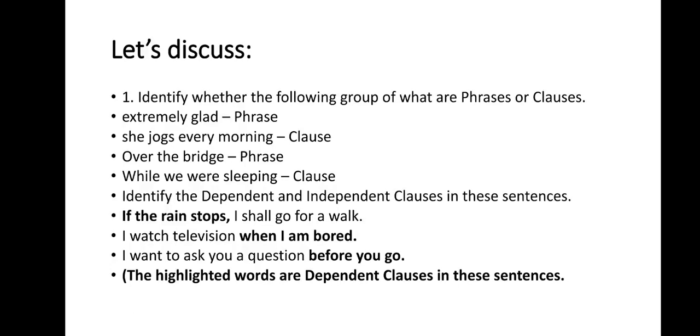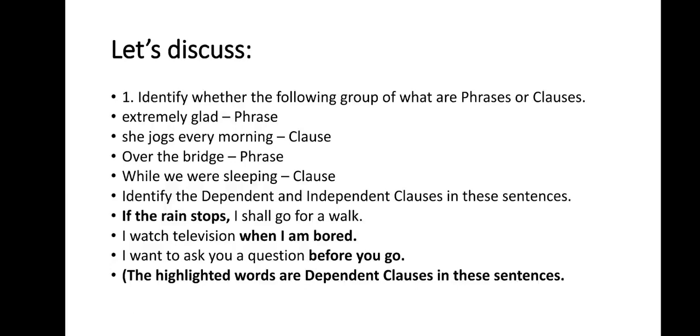I want to ask you a question before you go. Read it again, children. I want to ask you a question before you go. So, the clause, I want to ask you a question, has both subject and verb, and it is standing on its own.